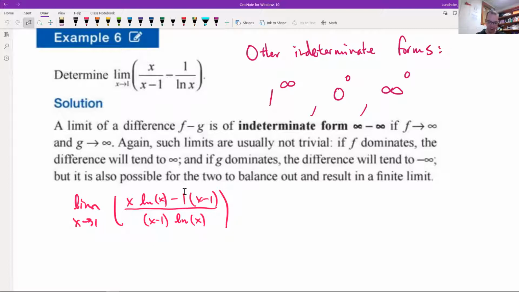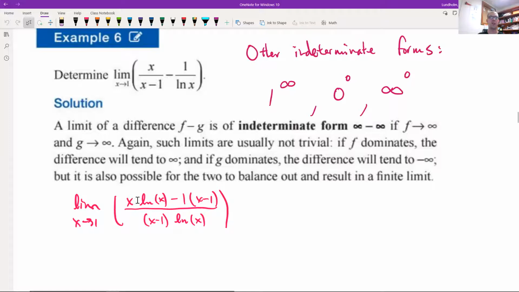At this stage, if we were to substitute in 1, we would still have 0 on the bottom, and we would have 0 on top, right?